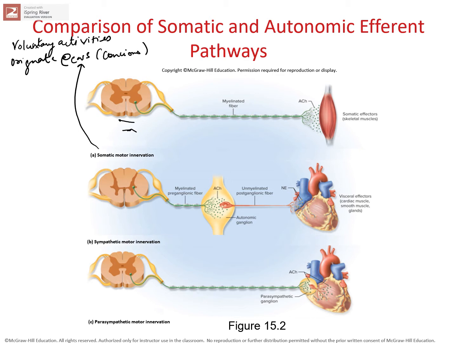the room. And then one of the major things that you need to remember is that it is a one neuron system. And no intermediate synapse is present between the neurons.